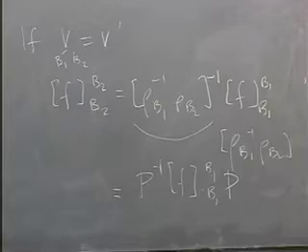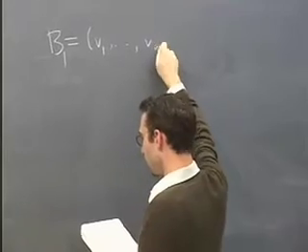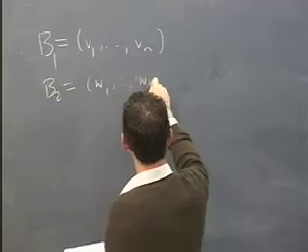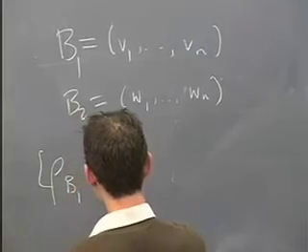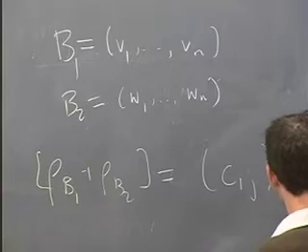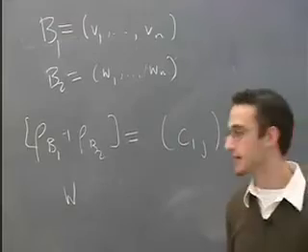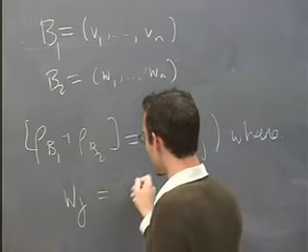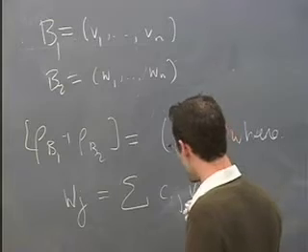If I have B1, and I can write it as V1 through Vn, and I have B2, and I write it as W1 through Wn, then row B1 inverse row B2 is just the matrix Cij, where I again use this defining property of bases to write each element Wj as a linear combination of the Vi's, which I can certainly do.